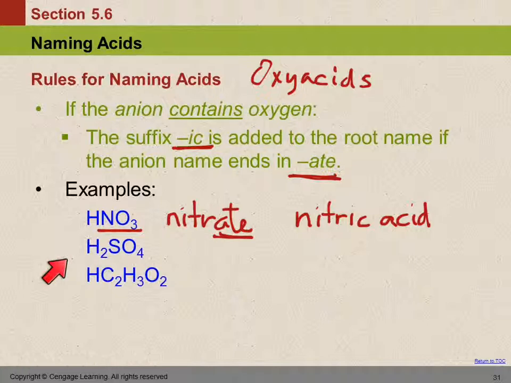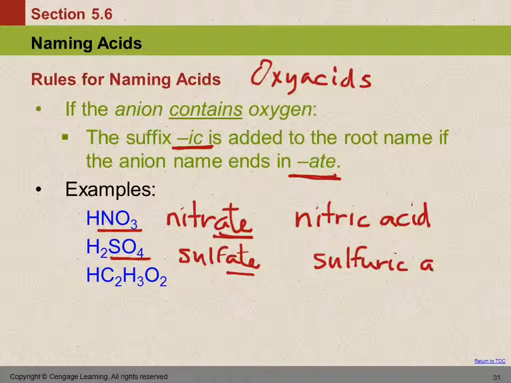How about this guy? H2SO4. Well, the hydrogen tells us it's an acid. We look at the rest of it and we see, oh, there's oxygen. So then we need to identify the name of this oxyanion, the polyatomic anion, sulfate. We take off the ate and we put on ic acid.